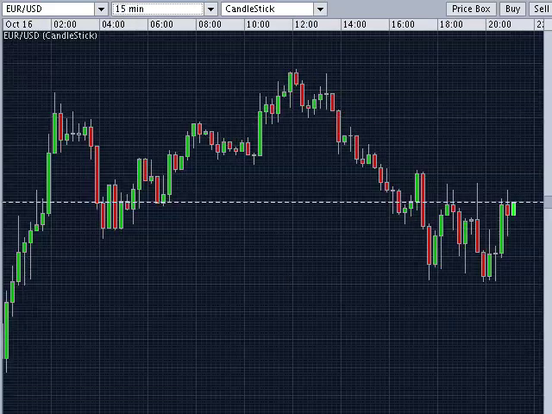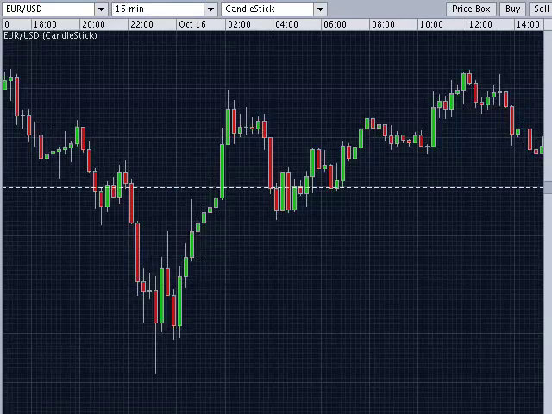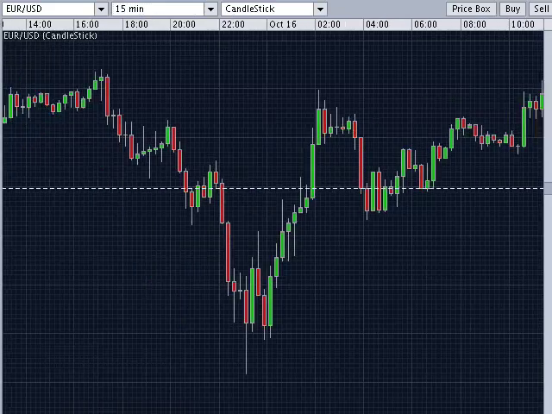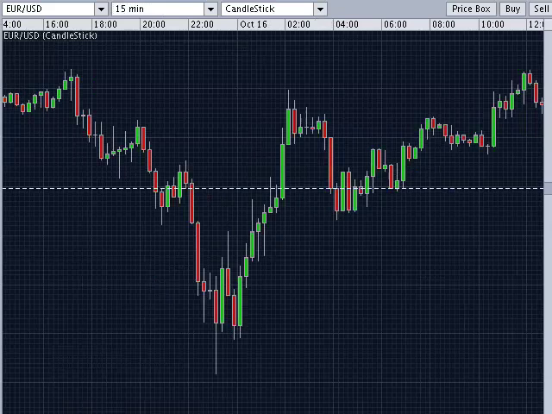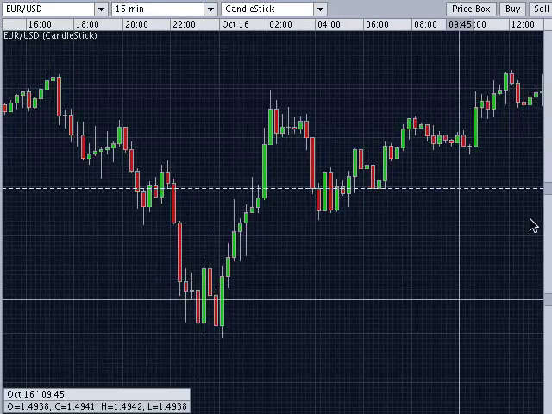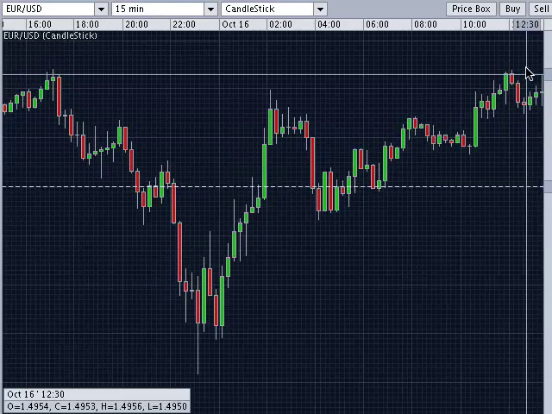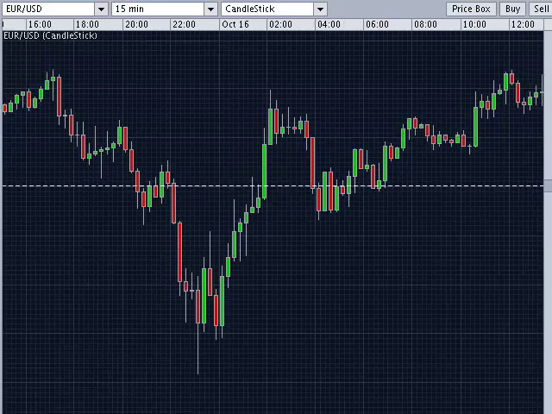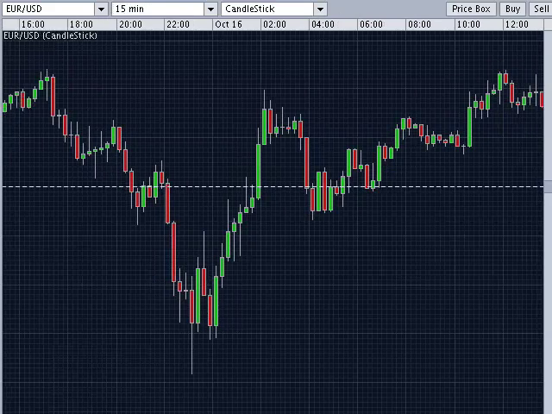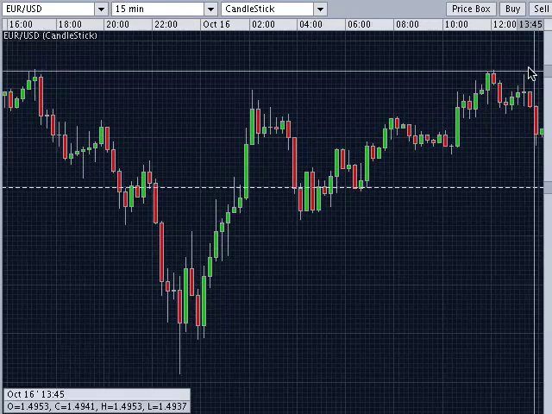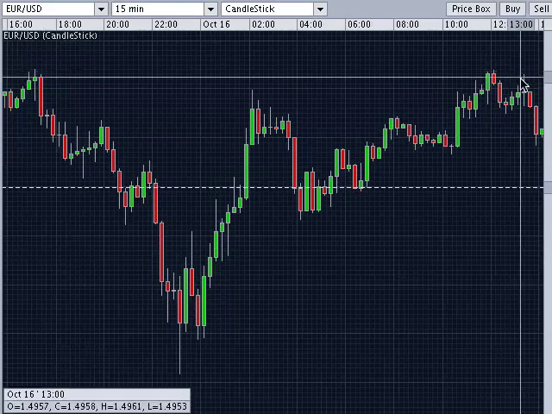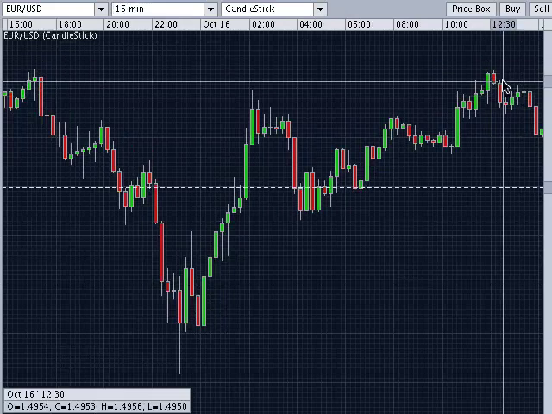We're going to use fractals to draw trend lines to determine where a break might occur, so we can tell whether it's going to break up past the double top or come back down significantly. So we're at the point where it's about 1 o'clock, just where it's come off the double top.